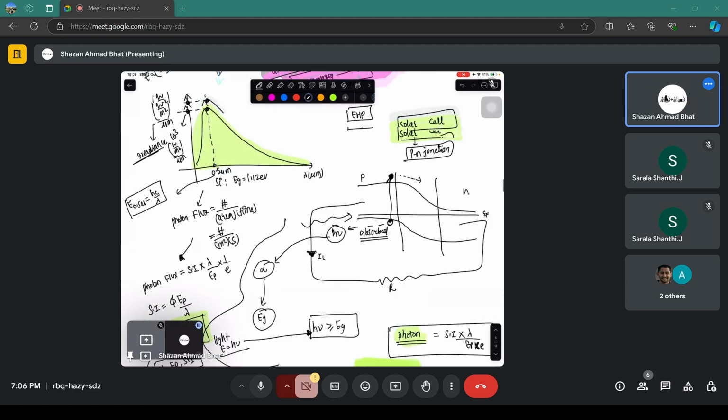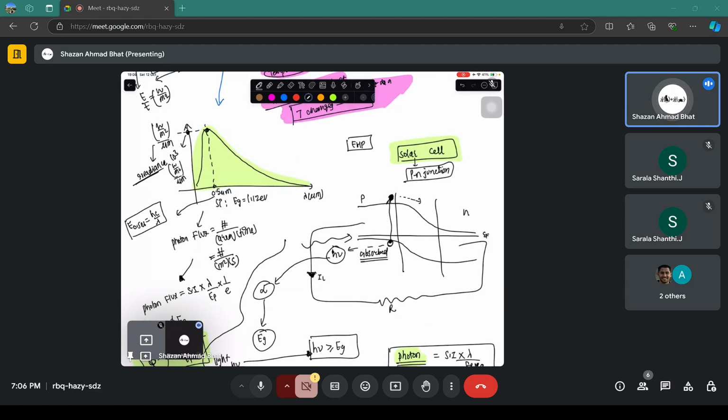Because irradiance is watt per meter square, the area information is itself embedded in the irradiance. This is the area information.